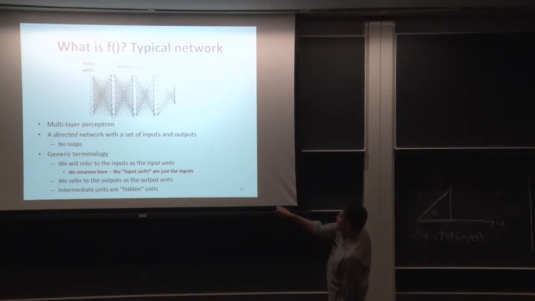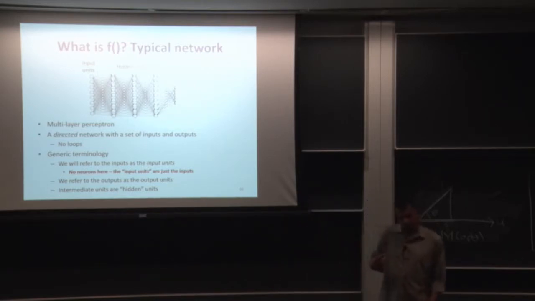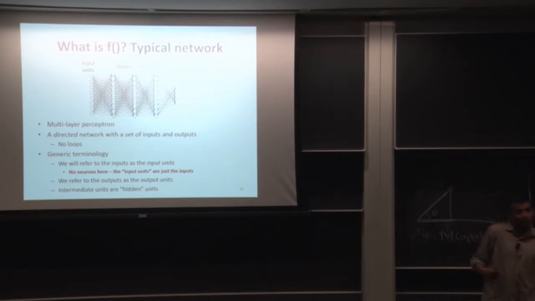So the input is generically going to be referred to as input units, although there are really no perceptrons at the input. It's just the input that you're providing. This is terminology that has been used for ages. I am not responsible for it, so don't ask me why it's used. But the input is going to be called a bunch of input units. The outputs, similarly, are going to be called output units, but here there are perceptrons computing the output.